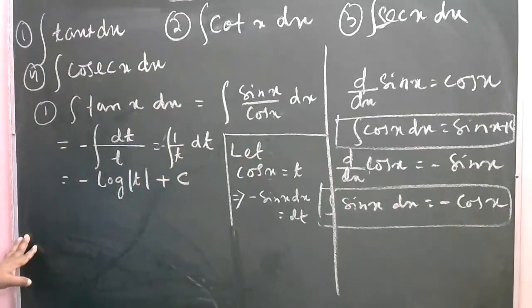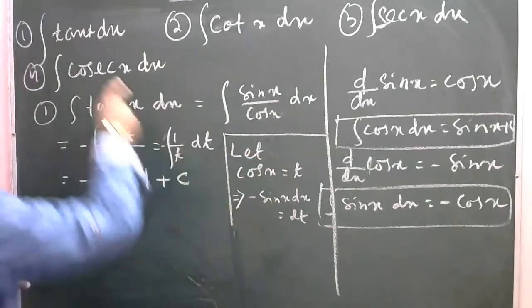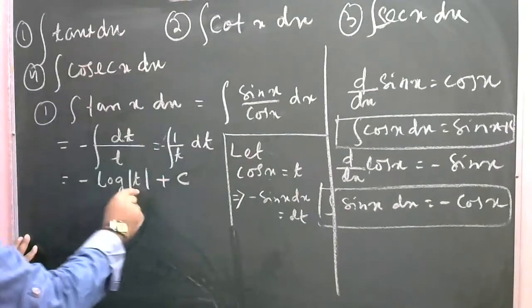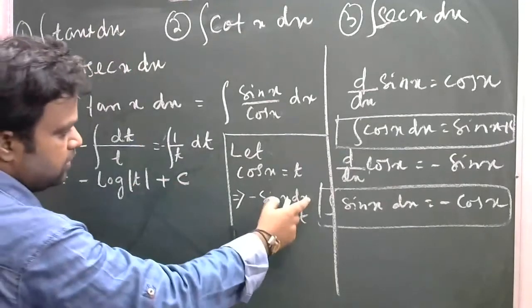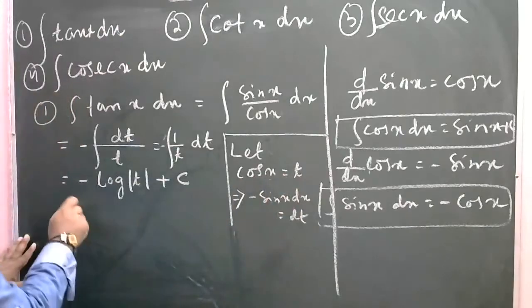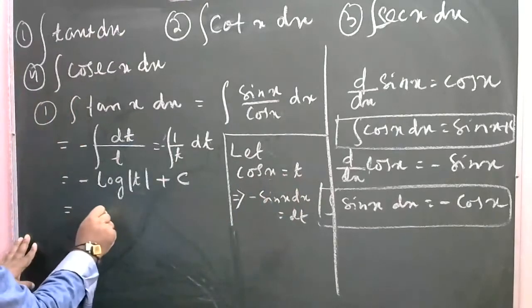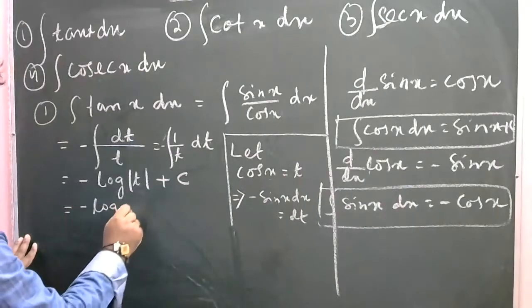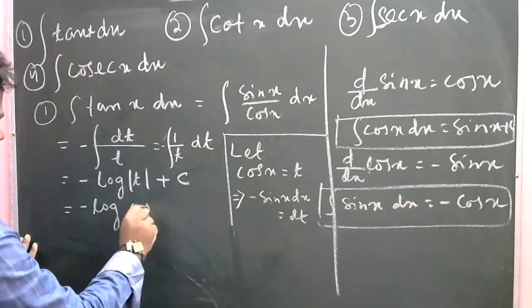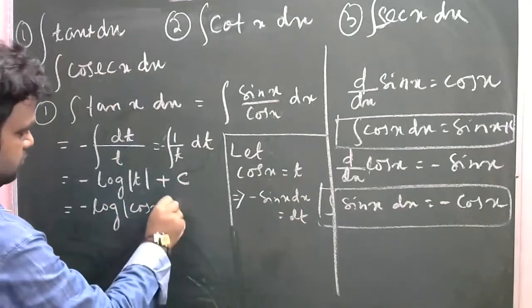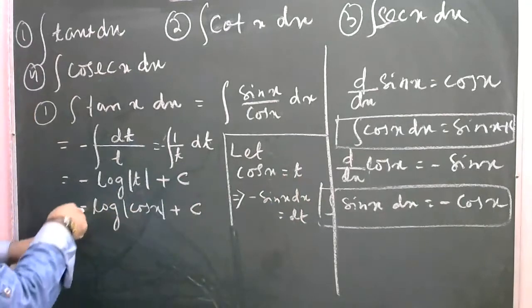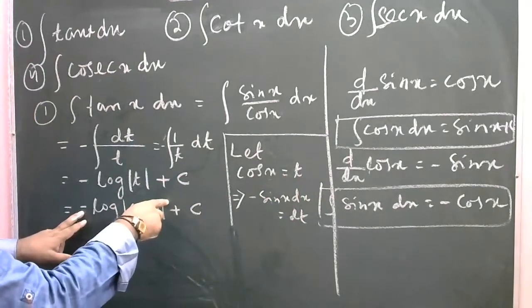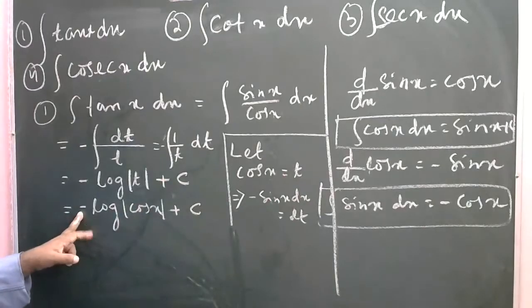And because I'll get the answer in x, I cannot keep it in t, so I'll replace t with cos x. So this is what you will get: minus log mod cos x plus c.